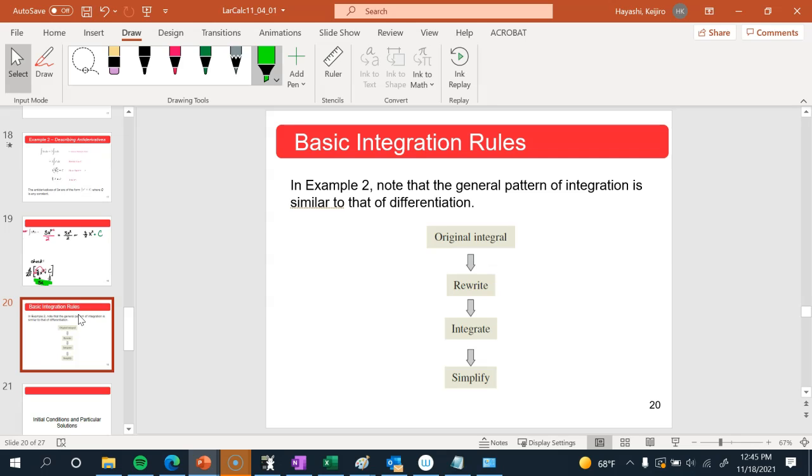A lot of those processes of rewriting and simplifying are going to be similar between differentiation and integration. We might still have to do this, even when you reverse this process.